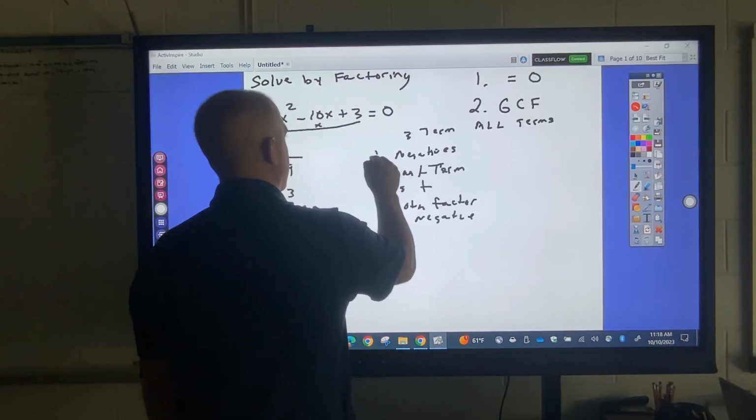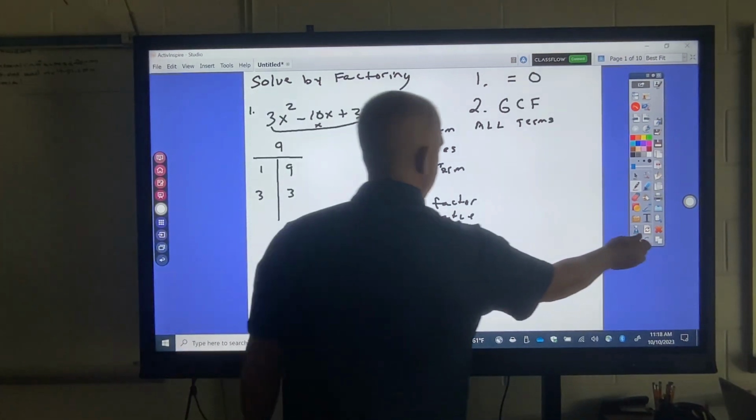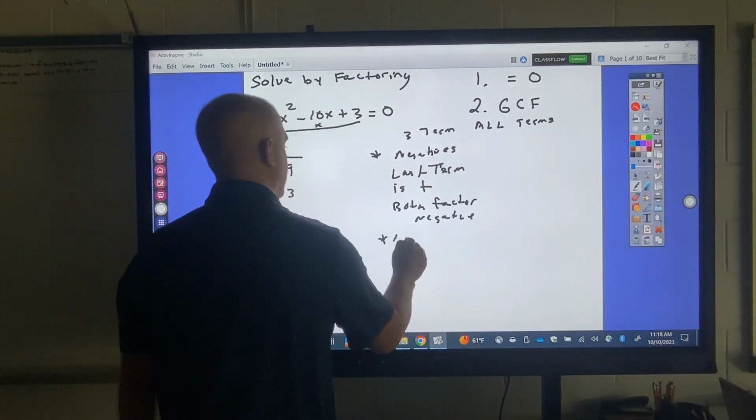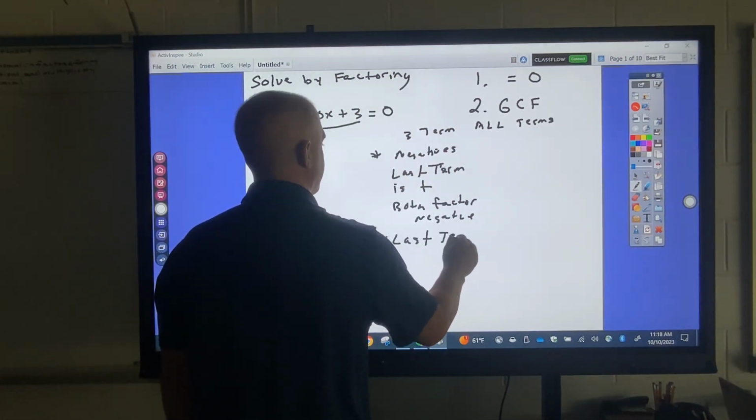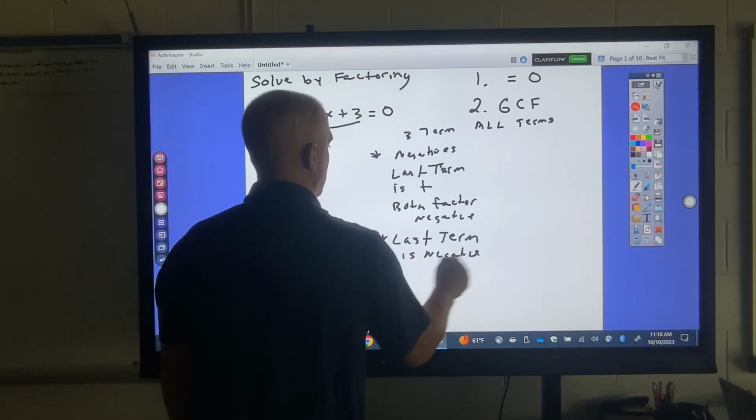If your last term is negative, one factor will be negative.